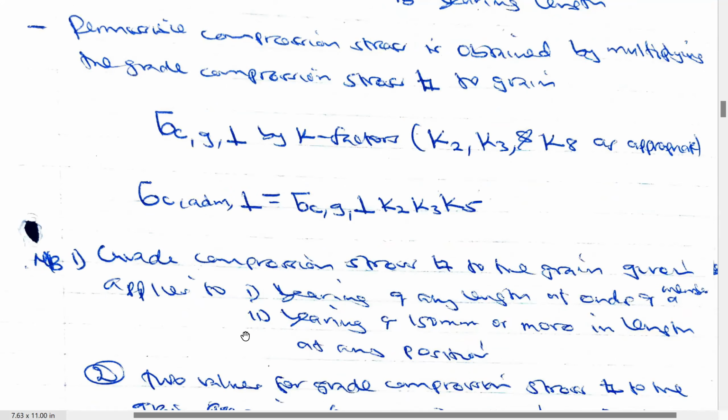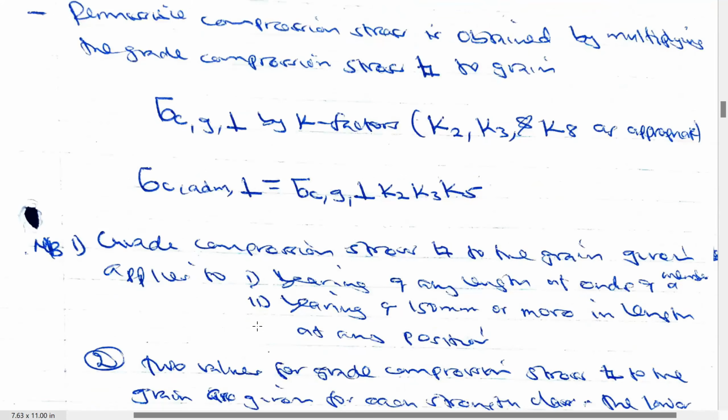If you are not given the length of bearing in a question, you can make an assumption. Just assume that the bearing is 150 millimeters, because the grade compression stresses given in the table apply to bearing of 150 millimeters in length at any position.